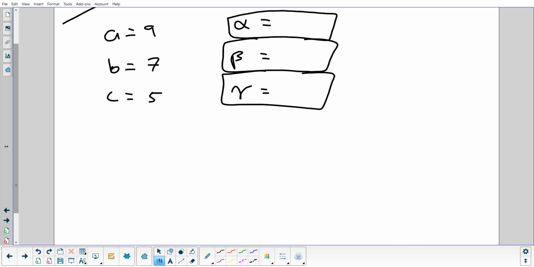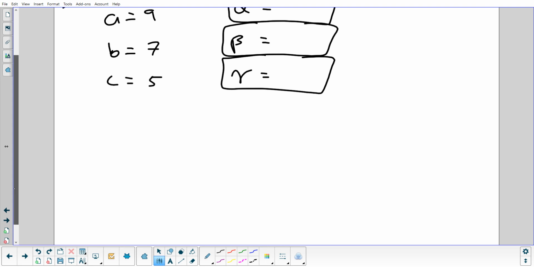And it doesn't matter which side you do first, because you know all the sides. So which angle do you want to do first? Beta. So let's find beta. And how does the law of cosines start out to find beta?